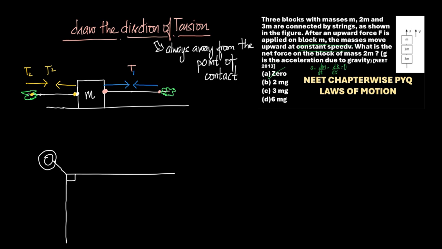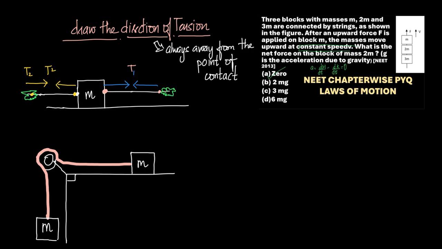We have a string like this, and at the end of the string there is a mass connected, say of mass m. Another string like this, say mass m. Now in this case, let us try to draw the direction of tension.